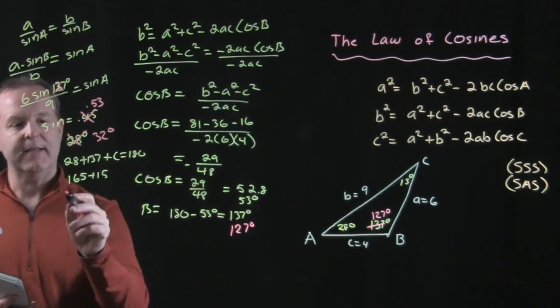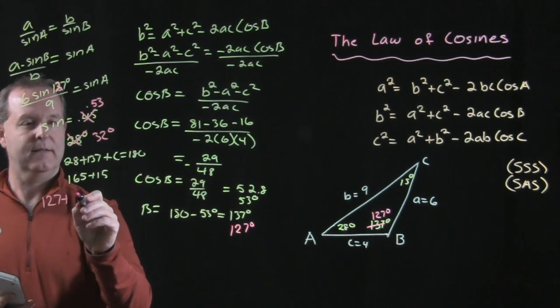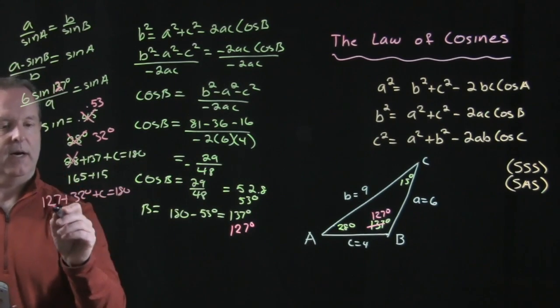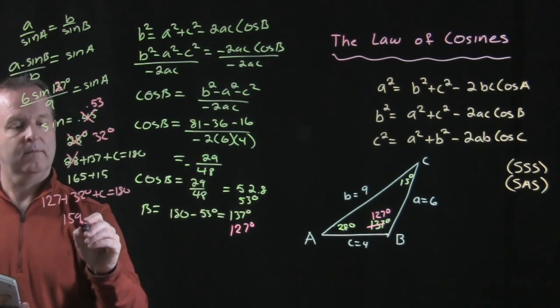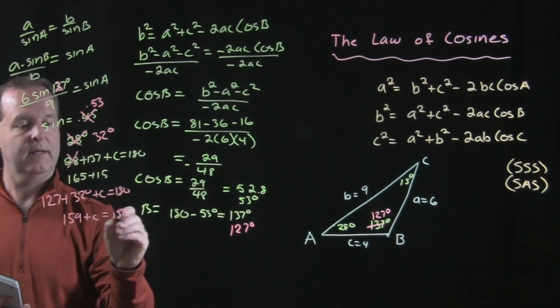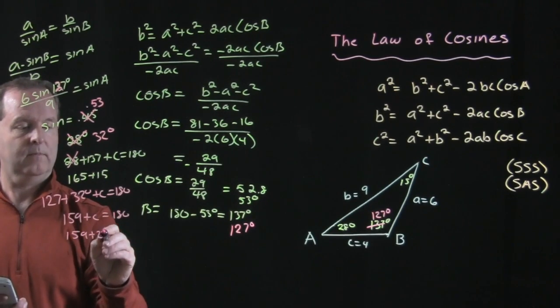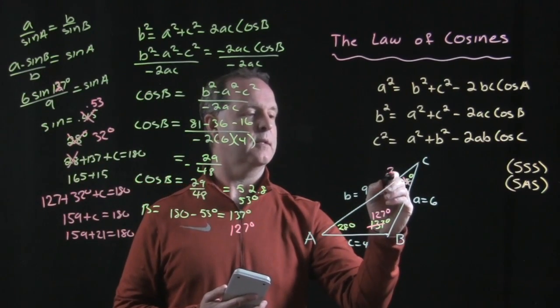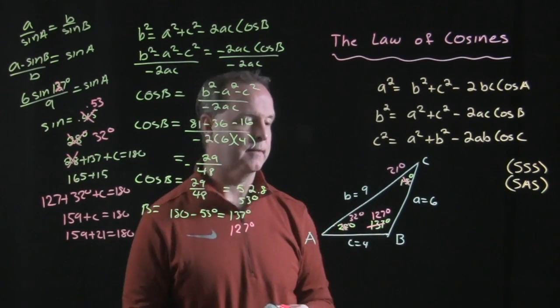And there to find C then, it's 127 plus 32 plus C equals 180. 127 plus 32 is 159 plus C equals 180. And that to be true is 21. So C equals 21 degrees. And 28 is not 28, but 32 degrees.